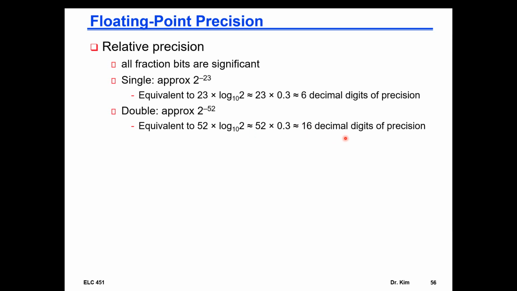This is important to remember, because if you are coding in C++ and you are dealing with numbers where you need more than 6 decimal digits, then you need to define your data as doubles instead of floats, which in C++, float is the single precision and double is the double precision.